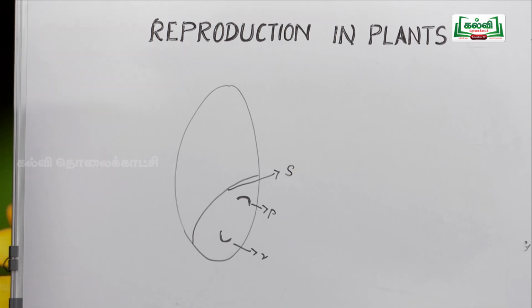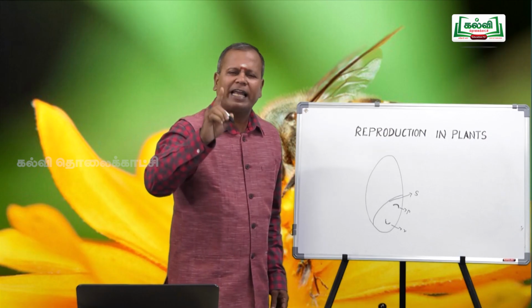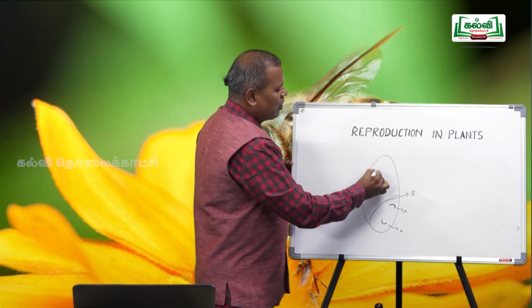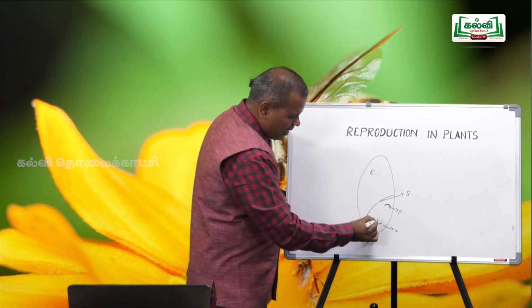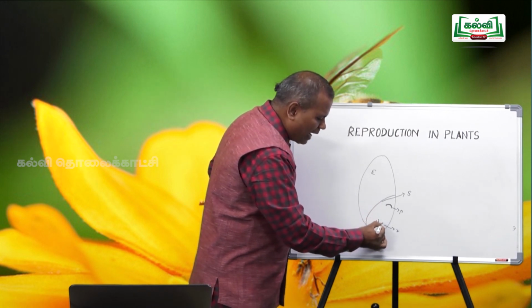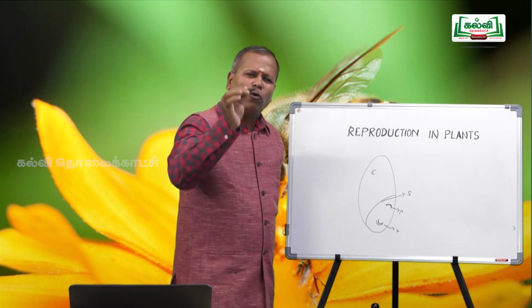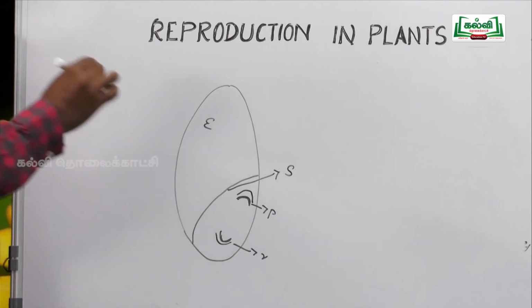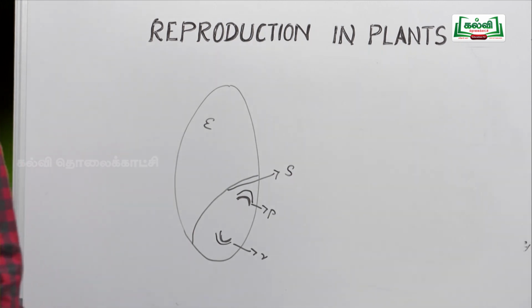Monocotyledonous plants have only one cotyledon. The cotyledon is also known as the scutellum. And this area, the endosperm. The radicle portion of the embryo is surrounded by coleorhiza, and the plumule portion of the embryo is surrounded by coleoptile. These structures we should remember regarding monocot embryo.